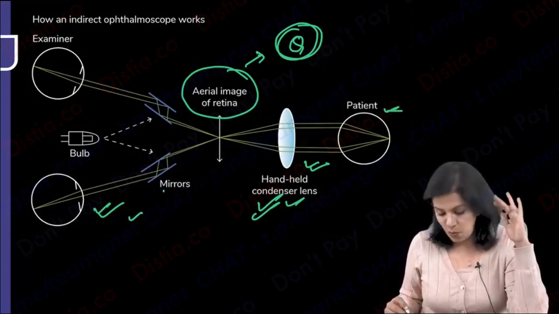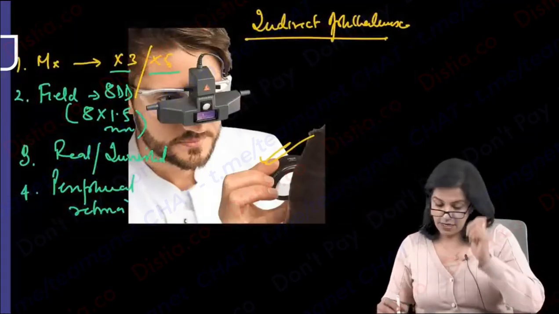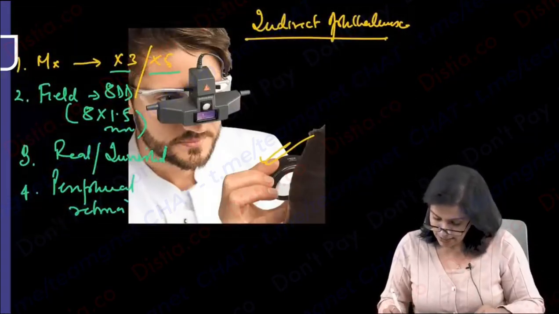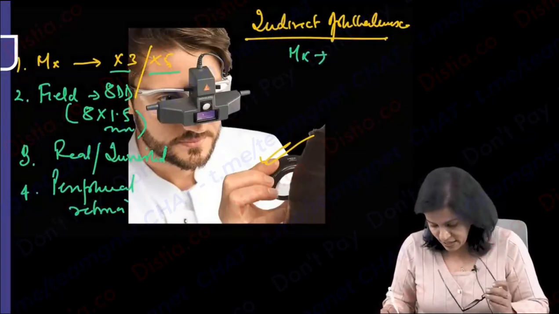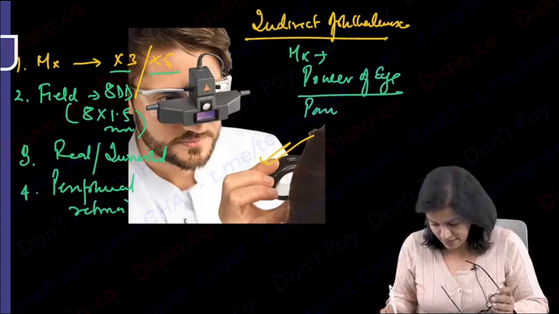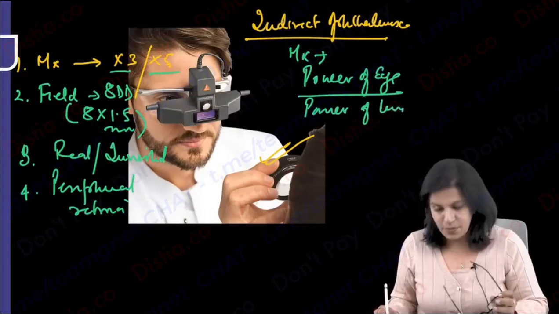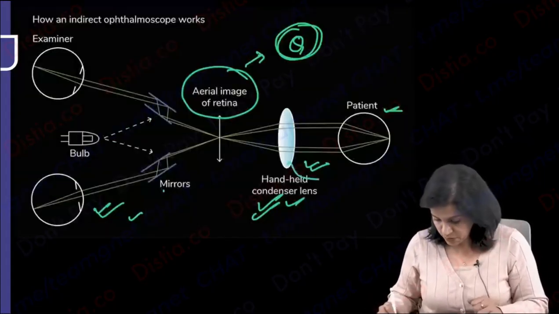Okay. What about how to calculate the magnification of your indirect ophthalmoscope? We calculate it as power of the eye upon power of the lens. And what is the condensing lens power we use? Even this has been your exam question.